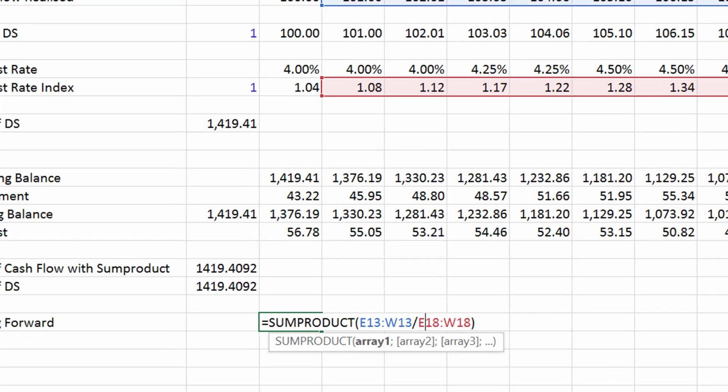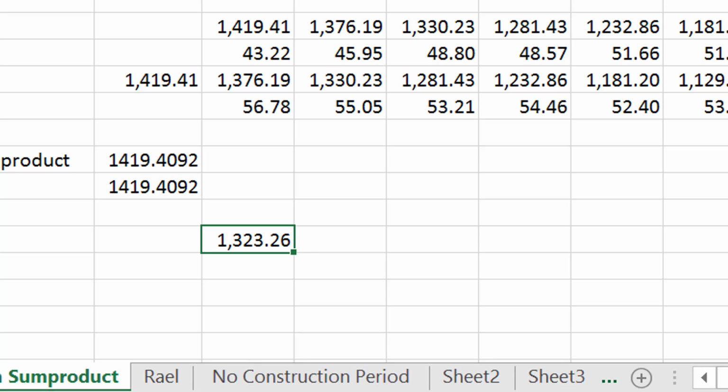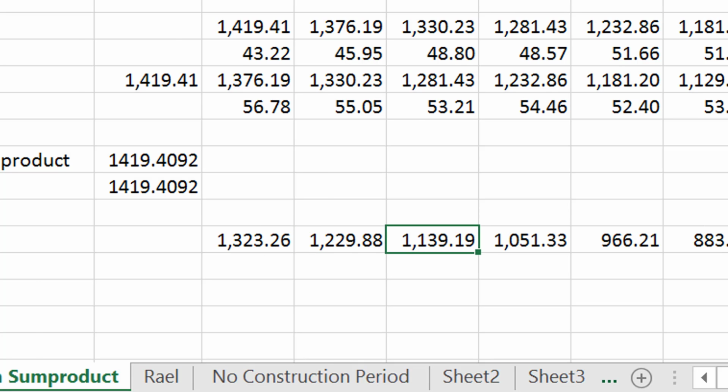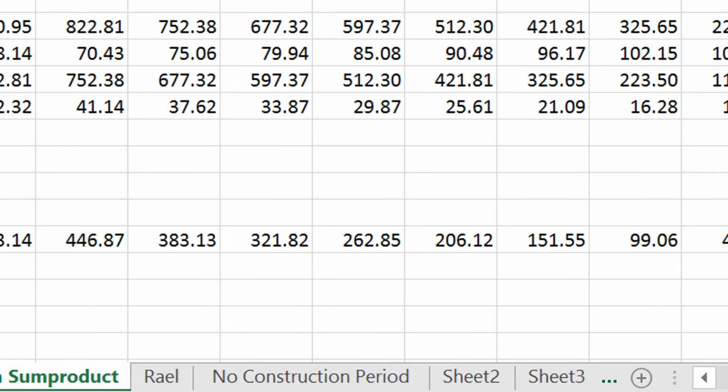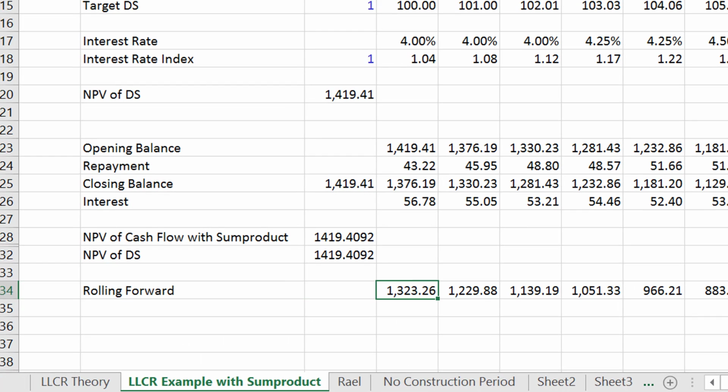Now what we could do, I suppose, is put a $ sign right at the very end of this. Shift Control R, and then we don't get the value of the debt. It didn't work on the very last one.